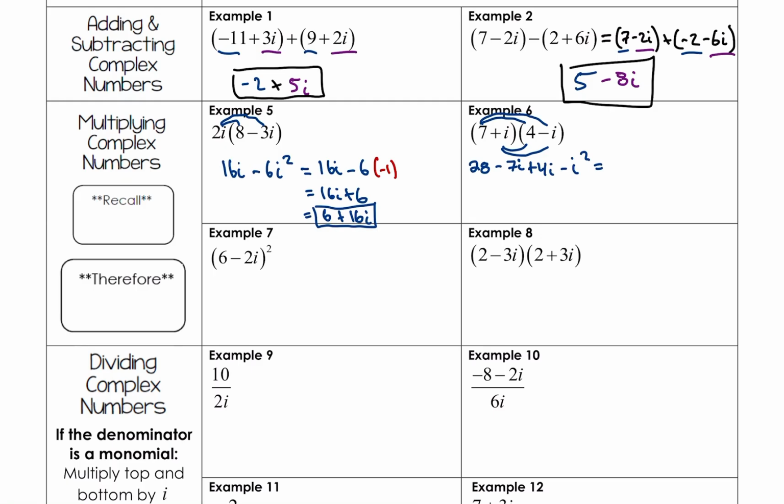So I've got 28, and then -7i plus 4i is negative 3i. And then I've got a negative i squared. That i squared is going to become a negative 1. So in other words, I've got 28 minus negative 1, or 28 plus 1, which means I'm going to end up with 29, and I'll still have that 3i. And that would be my final answer there.